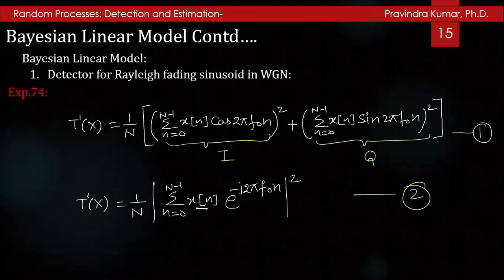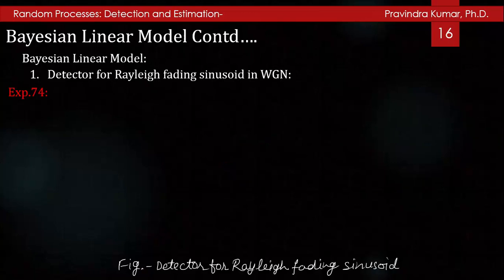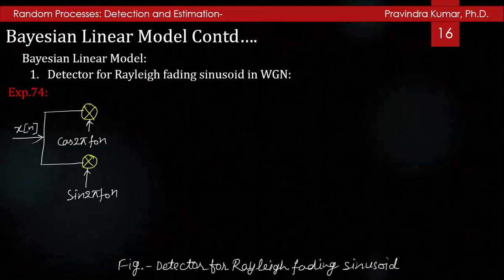So first we will consider equation first and try to draw the block diagram for this. For this equation, the block diagram will be: first we consider the observed data, then combine it with cos 2 pi f naught n, and on the other side we also combine it with sin 2 pi f naught n.